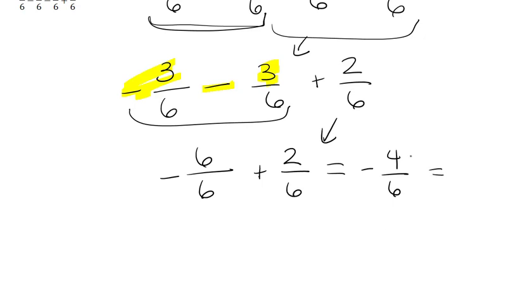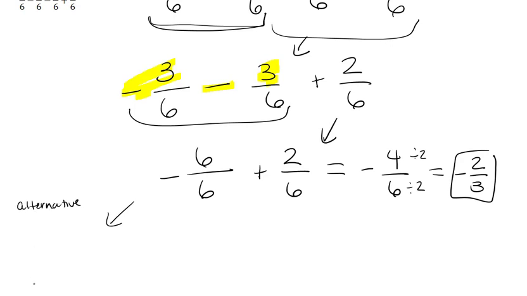Then we're going to have to reduce top and bottom by 2, just divide by 2, so we get negative 2/3. This would be our final solution. Now, another thing when dealing with this part is an alternative way: we can go 6 minus 2, which is equal to 4, but then we keep the sign of the larger number, so that would be negative.